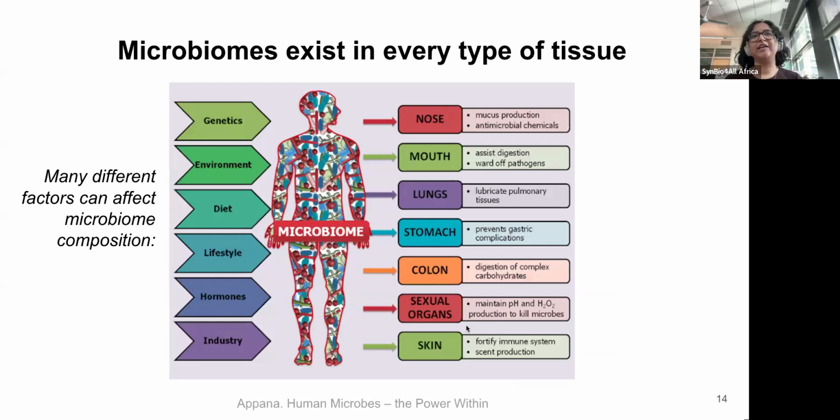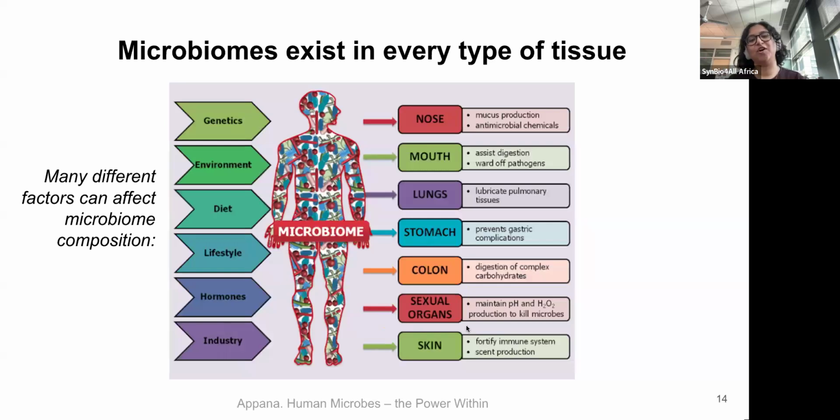And like we've been talking about a little bit, there are many different factors that can affect microbiome composition, like your genetics, the environment, the diet that you're eating, the lifestyle, different hormones, and industry, meaning what types of interactions are you having with both your environment and the things that are coming to you through the industrial landscape. And so all of these different things can have a really impactful effect on your microbiome.